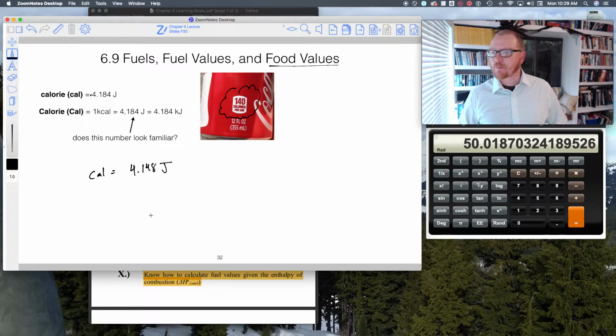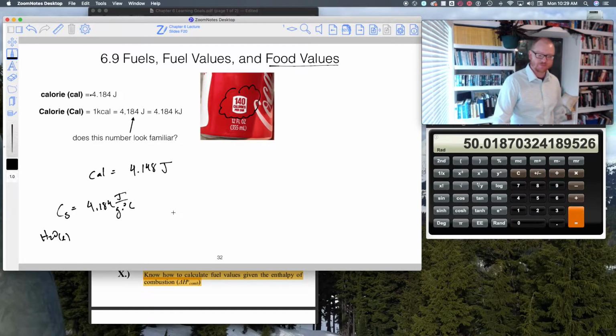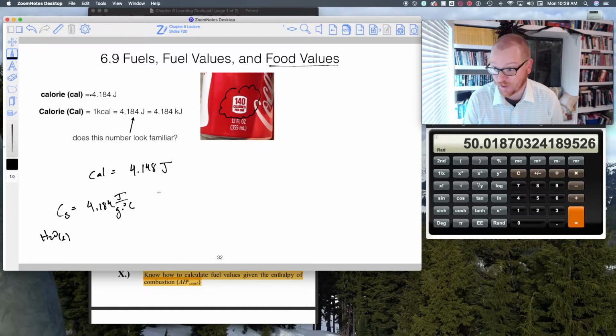And then I said, does this number look familiar here? Hopefully it does. So the specific heat capacity of liquid water is 4.184 joule per gram per degree C, which is the basis of the unit calorie.